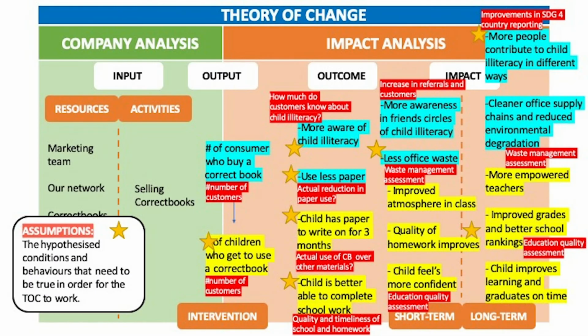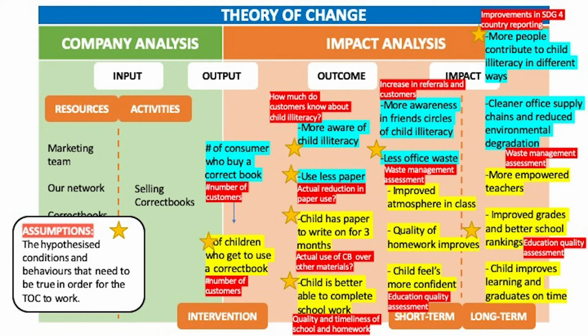And finally, in the theory of change, we have assumptions. Now, in a theory of change, each step is dependent on specific conditions and behaviors. If these conditions are not met, it could affect your overall theory of change. Therefore, it is good to reflect on the expectations of these conditions along each step of the theory of change.